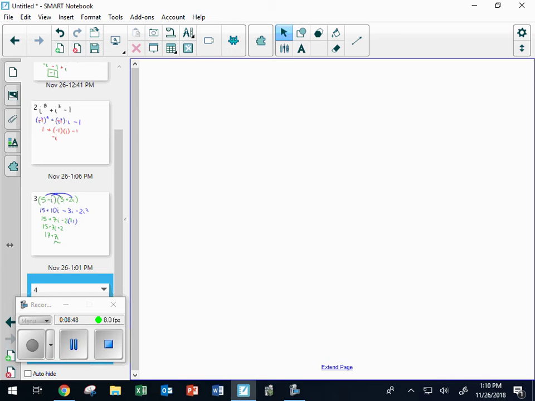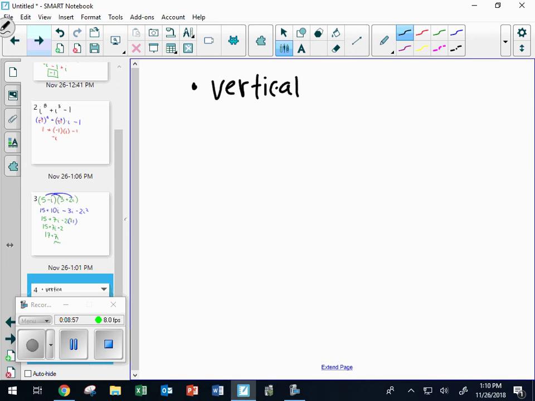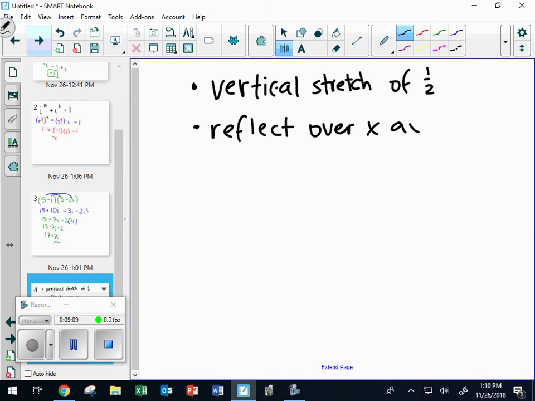So if I started off with, I want a parabola, and the parabola has a vertical stretch, and that vertical stretch is of 1/2, and then I want it to reflect over the x-axis, and finally I want a vertex at -3, 2.